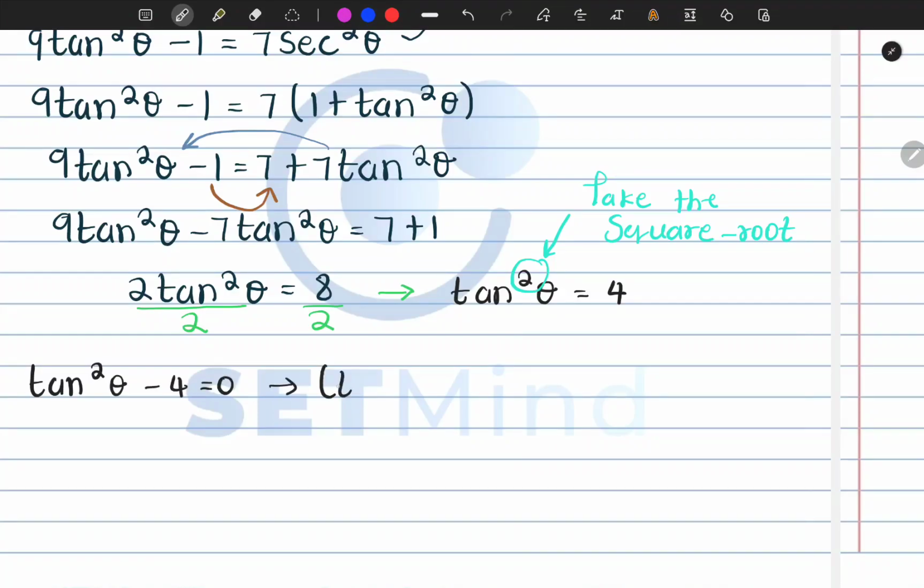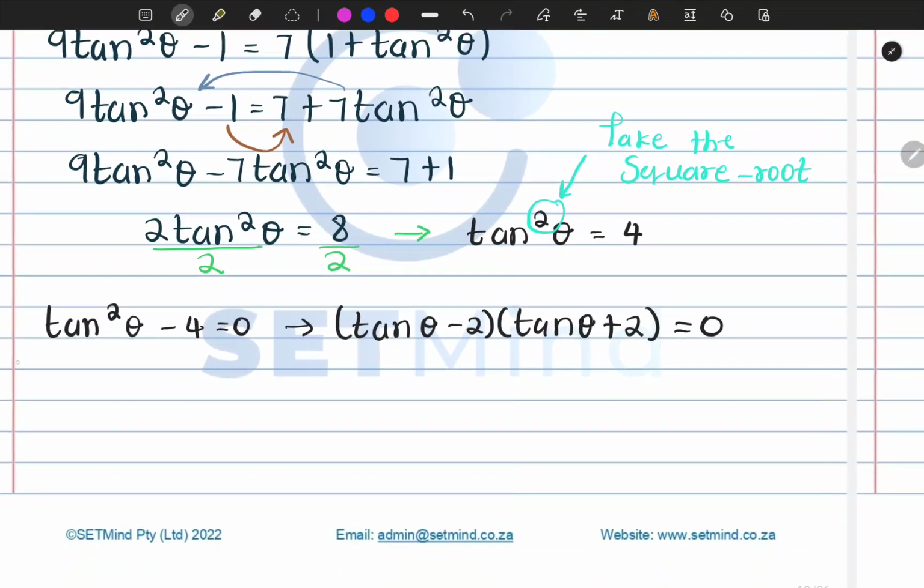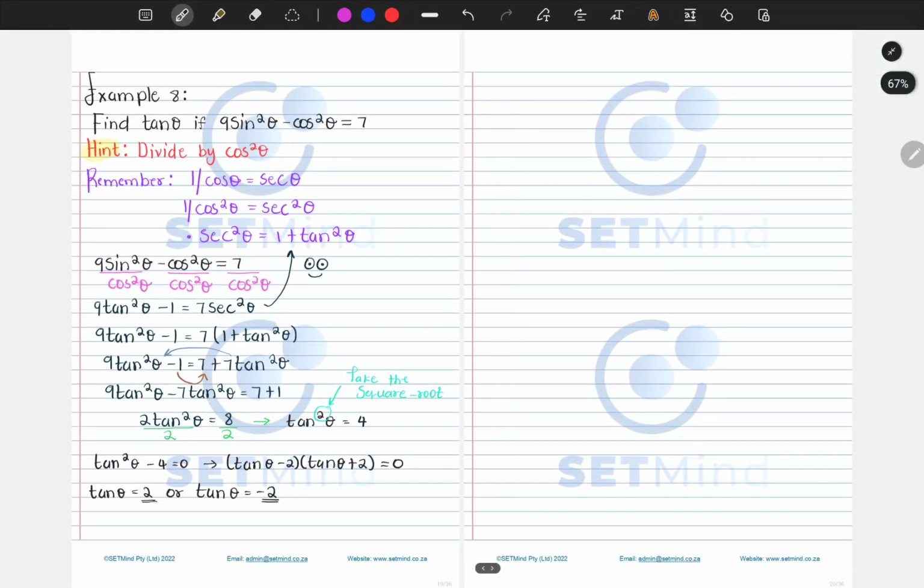And this will end up being tan theta minus 2 times tan theta plus 2, a difference of 2 squares, equals 0. So your tan theta can be 2, or your tan theta can be -2. This is what we find as our answer for tan theta. This concludes example number 8.